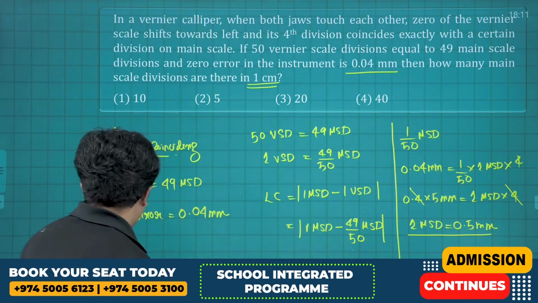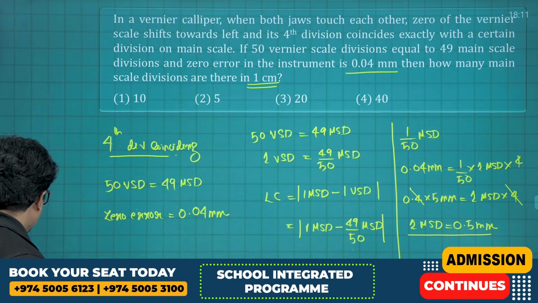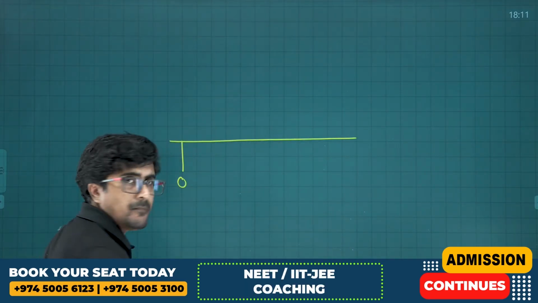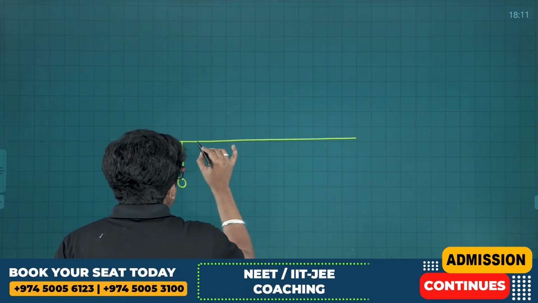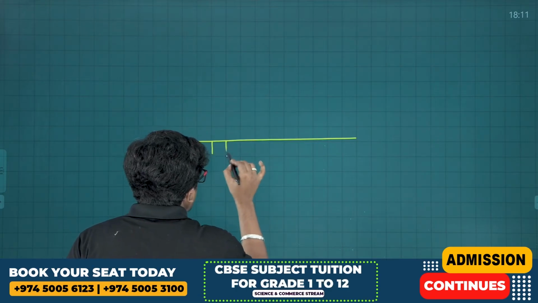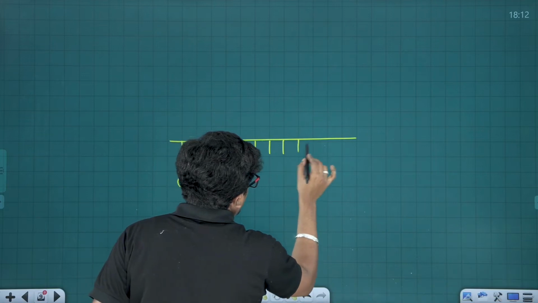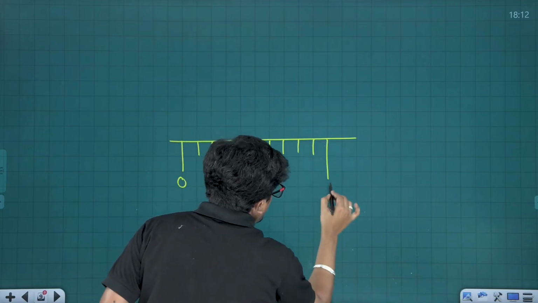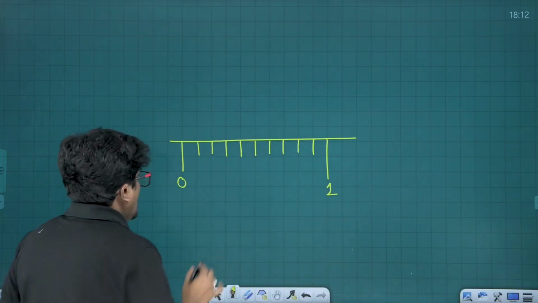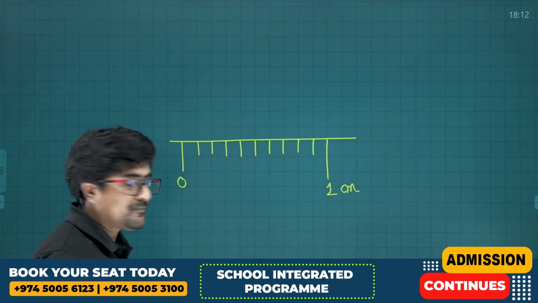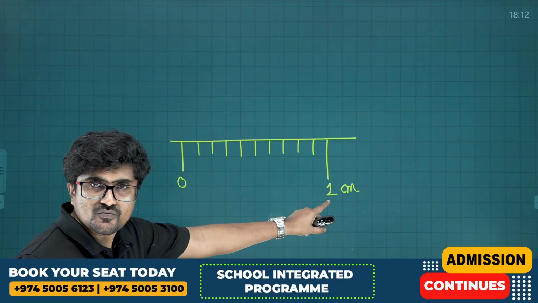Now my dear student, please try to understand the situation here. Let this be 0. Now here this is 1, 2, 3, 4, 5, 6, 7, 8, 9, 10. This is 1 centimeter precisely. So here this is 0, here this is 1.